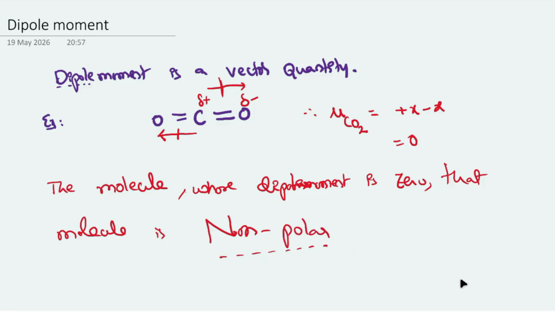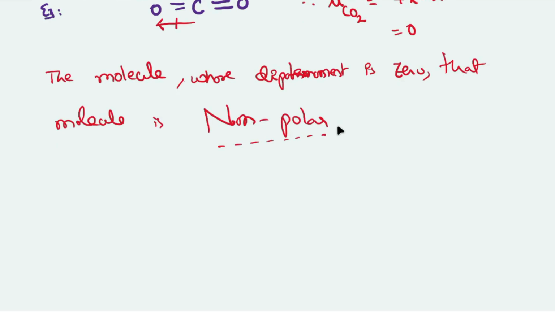Sir, I know non-polar bond, sir. A molecule can also be non-polar, right? Yes, sir. The molecule whose net dipole moment is zero is called a non-polar molecule. The molecule whose net dipole moment has a value is a polar molecule. Correct? Yes. Now we'll take one more example, then you will get the idea about the polar molecule.